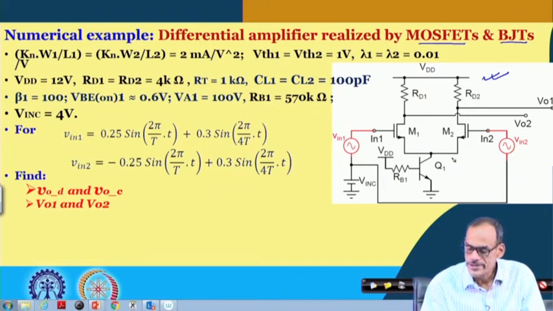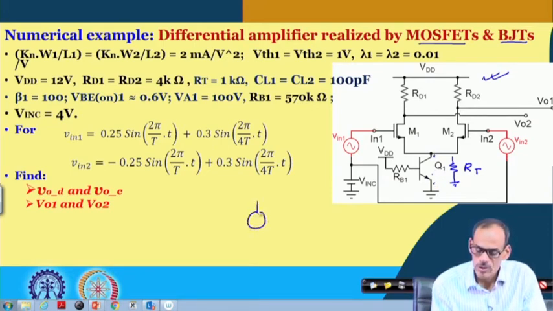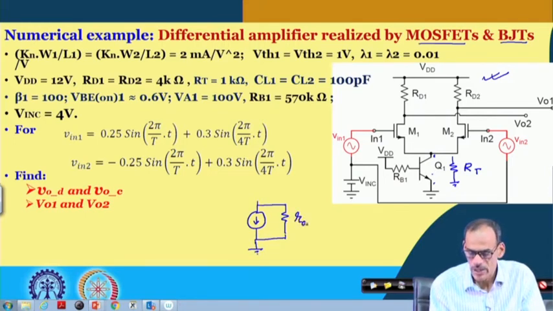So, here, as I said, earlier we used RT, and that has been replaced by this device. In fact, if you see the device characteristic, it is almost working as an ideal current source, but it may have some finite conductance, and the inverse of this conductance is basically RO1. Now, what is this current? This DC current can be obtained by considering its base bias.